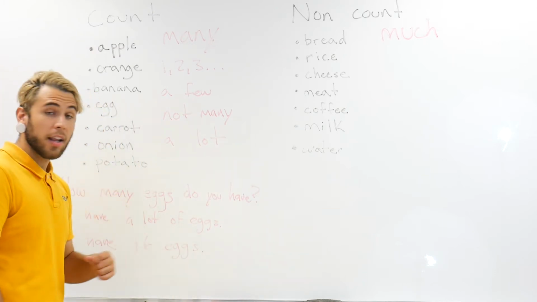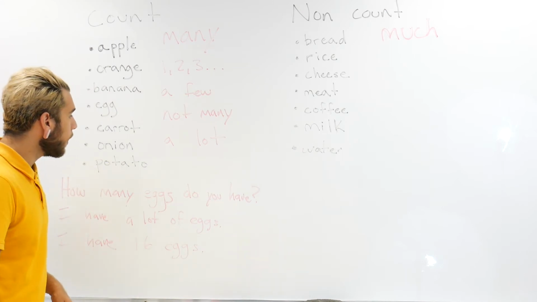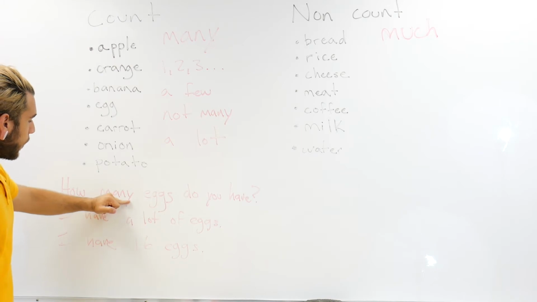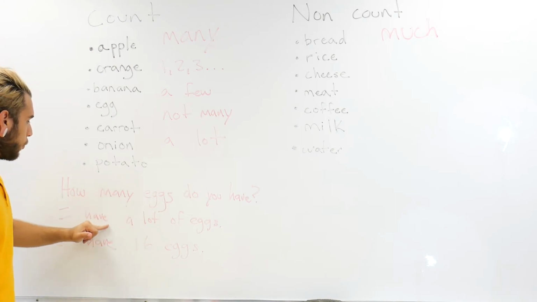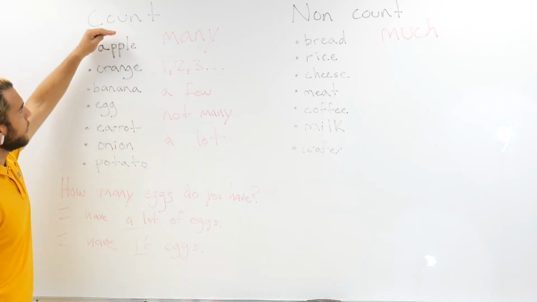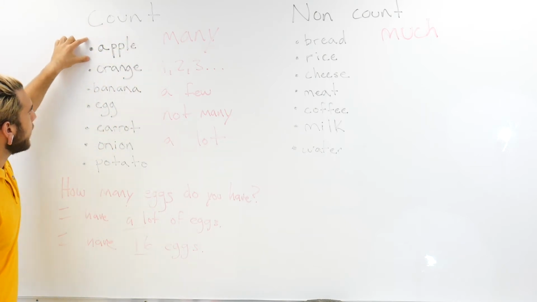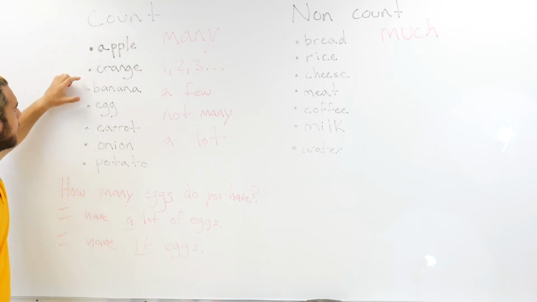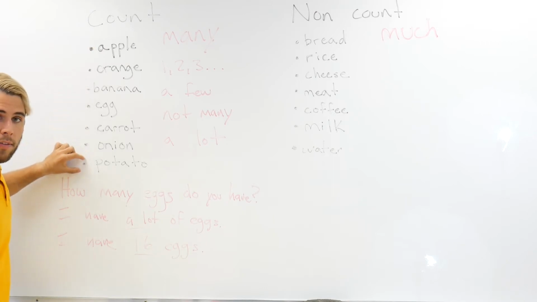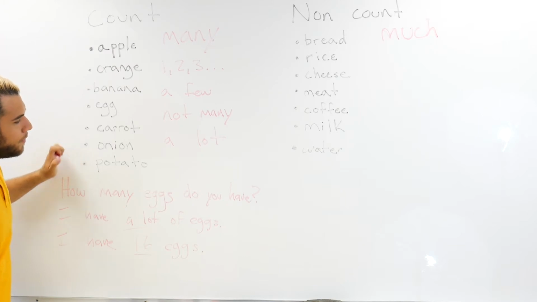So that is a lot of eggs. That is how you make a question and how you answer this question with a phrase or an actual number. And remember, these are count items. So this is things like apples, oranges, bananas, eggs, carrots, onions, potatoes. Things that are easy to count.